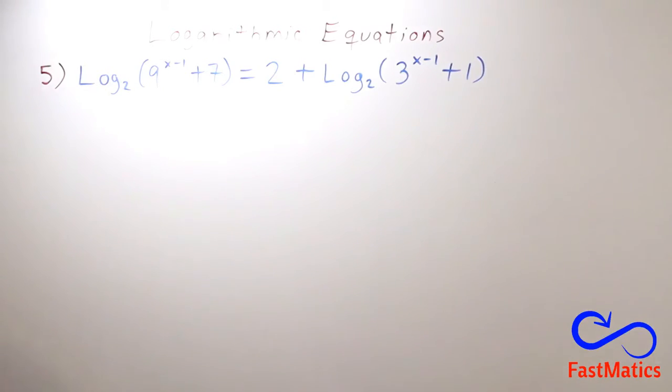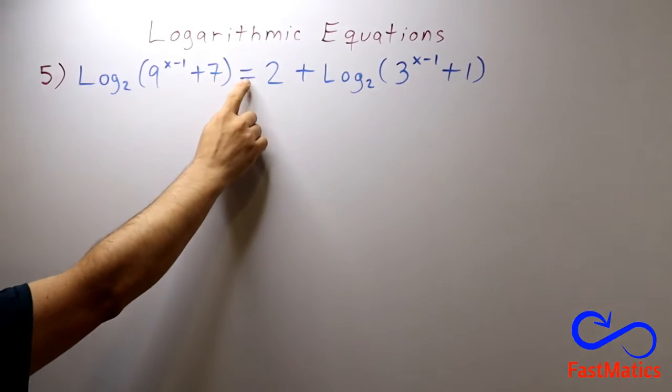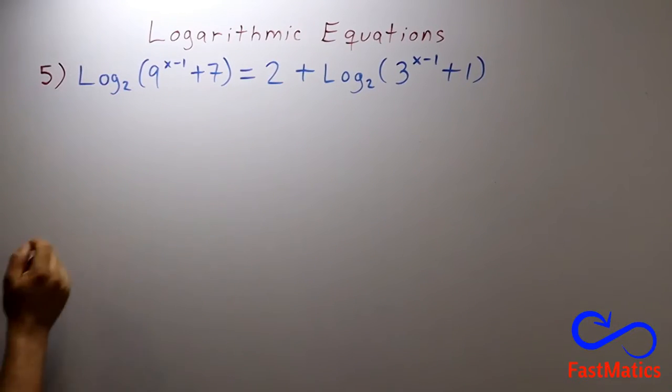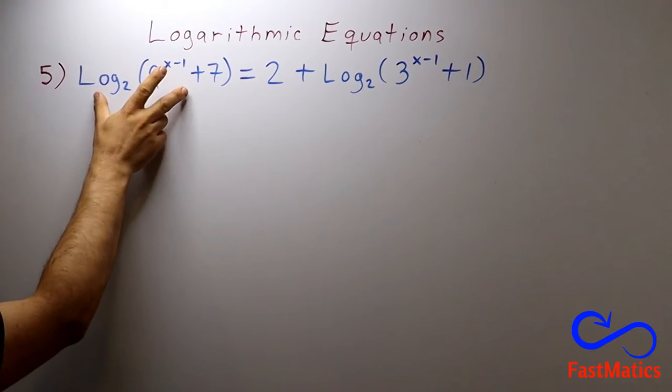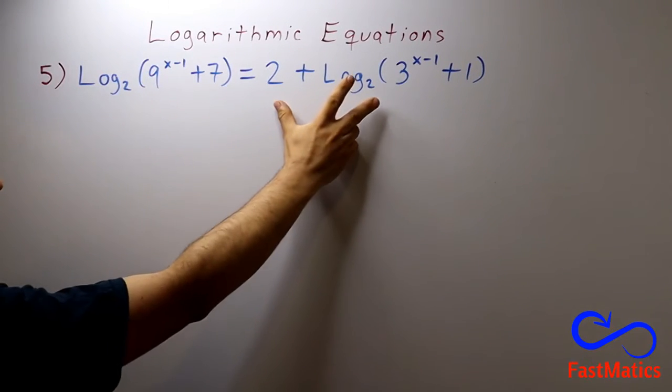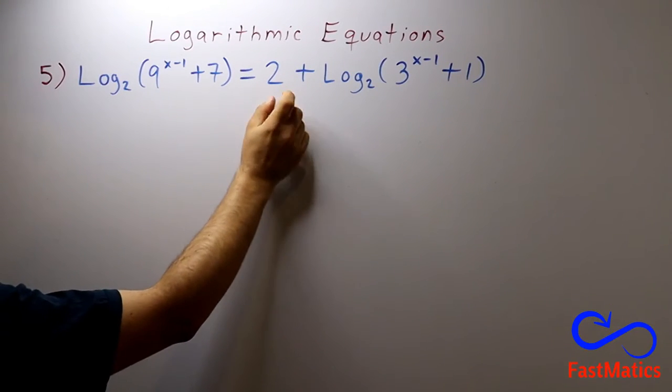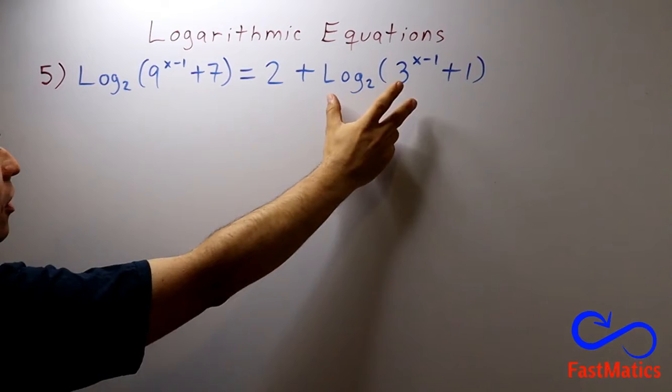First of all, we identify that we have an equation and that is a logarithmic equation. Then I will see if I have only one term on the left side and only one term on the right side. Unfortunately, here I have one term separated by a positive sign of another term.